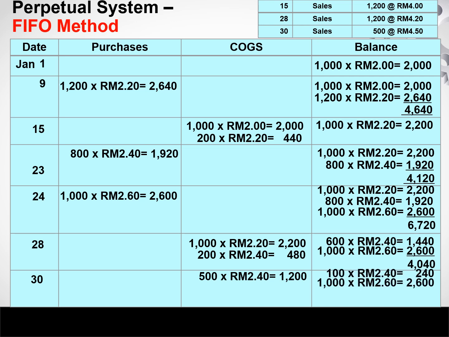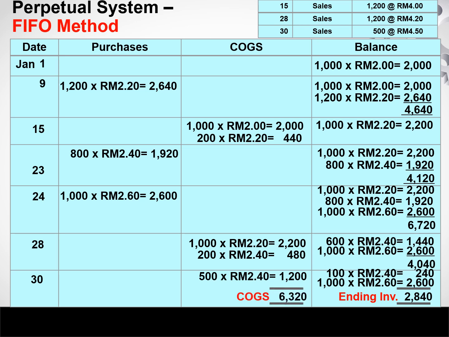So the new balance are 600 minus 500 equals to 100 unit times 2 ringgit and 40 cents equals to 240, and 1,000 unit times 2 ringgit and 60 cents equals to 2,600. So the ending inventory cost is 2,840.